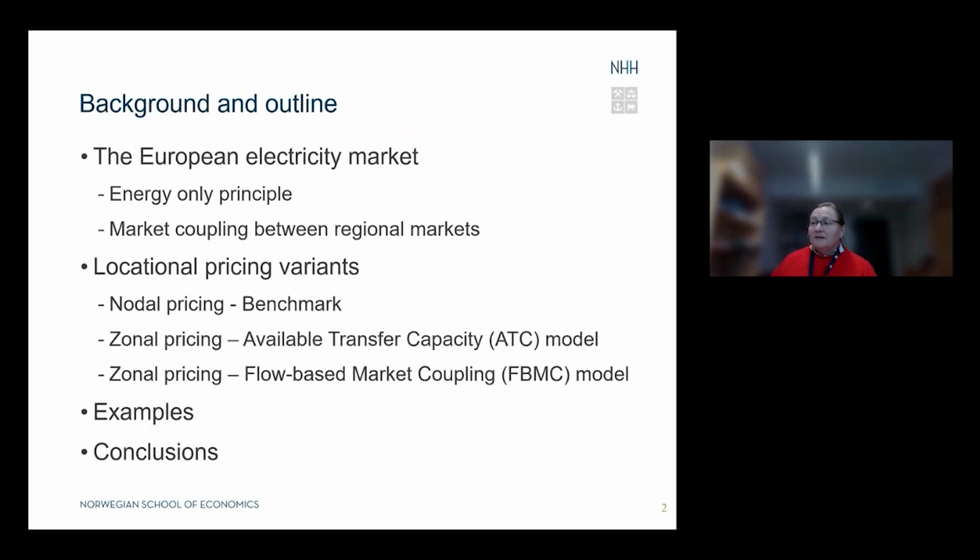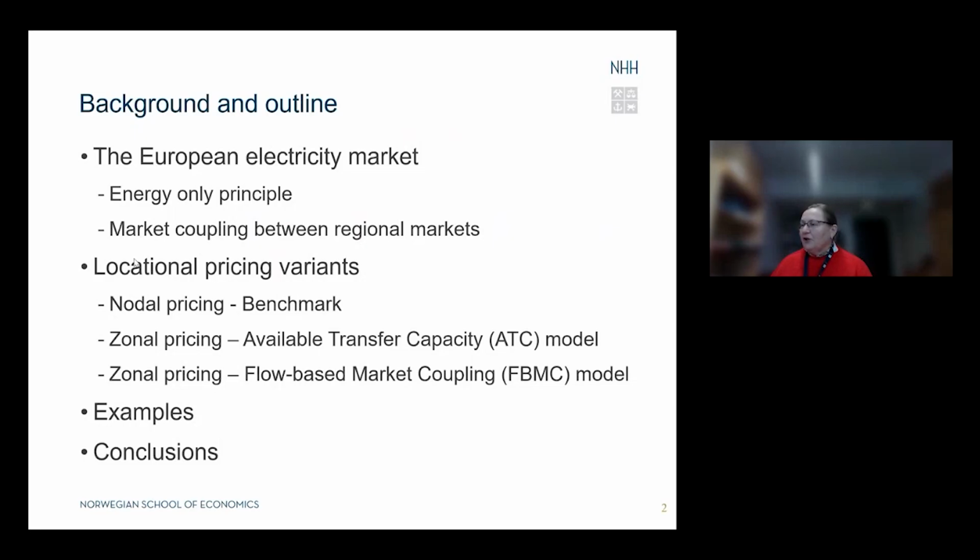I'm going to relate it to the previous version of zonal pricing that we had in the Nordic market, which is based on available transfer capacities, calling the ATC model, sometimes also calling it the NTC model, and then going into what kind of choices this flow-based market coupling model entails when we are introducing it or implementing it in practice.